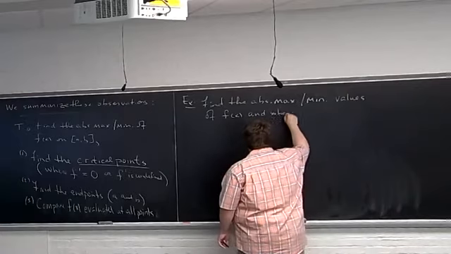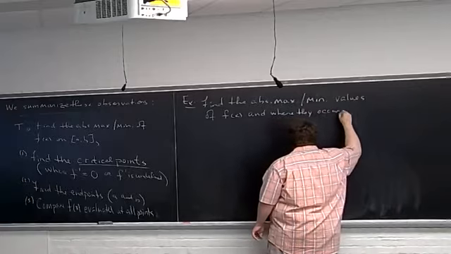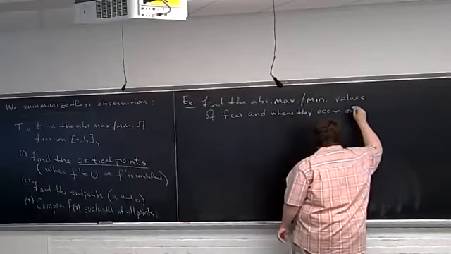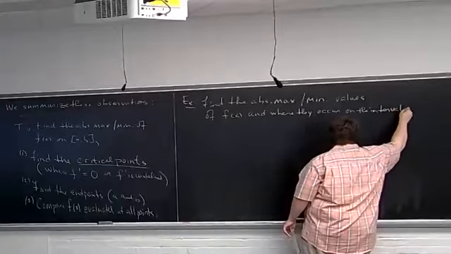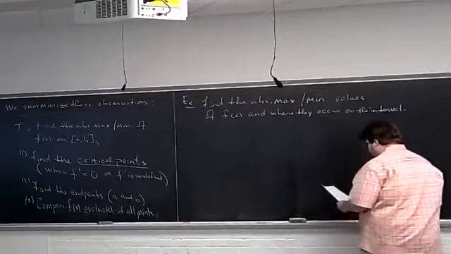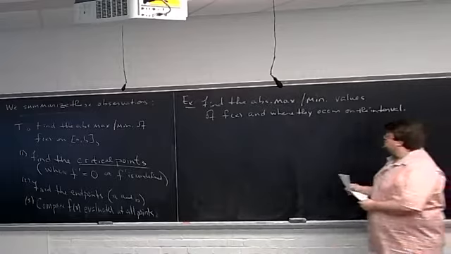I don't like how that's phrased. They probably phrased it better in the homework worksheet. Find the absolute maximum, absolute minimum values, and where they occur. And let's do that one. Let's do 3 of them.